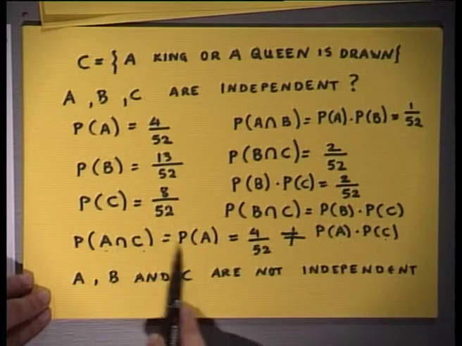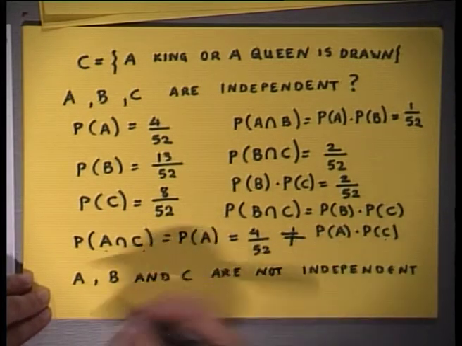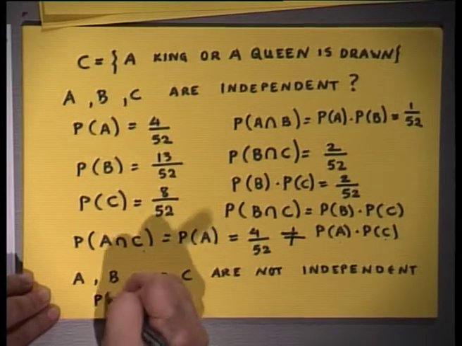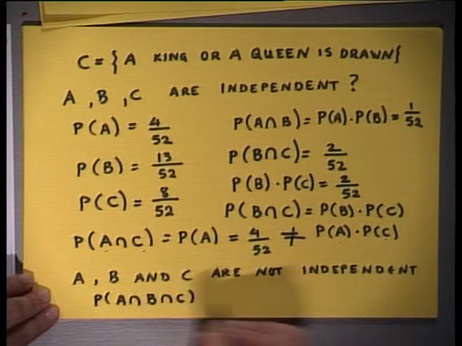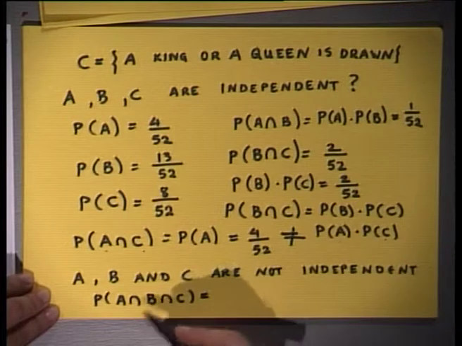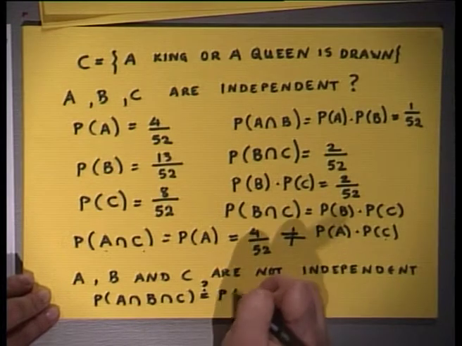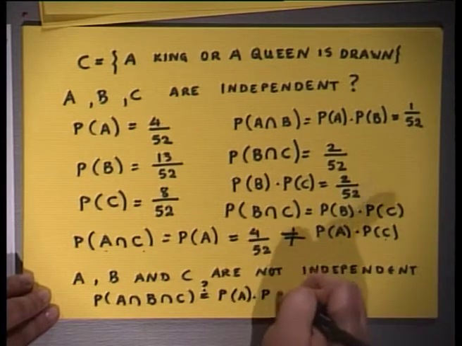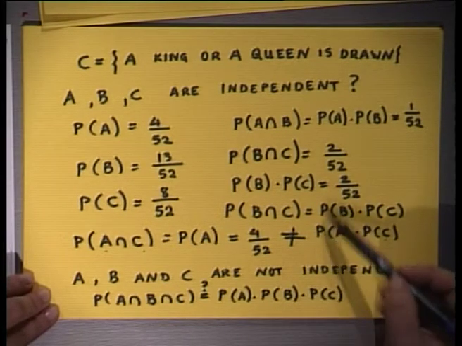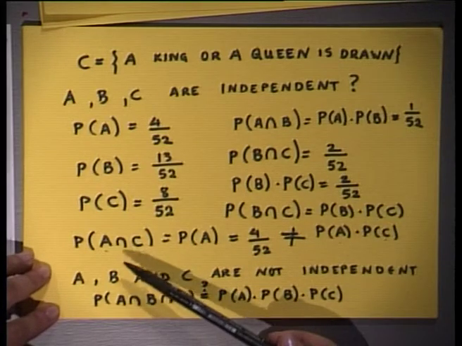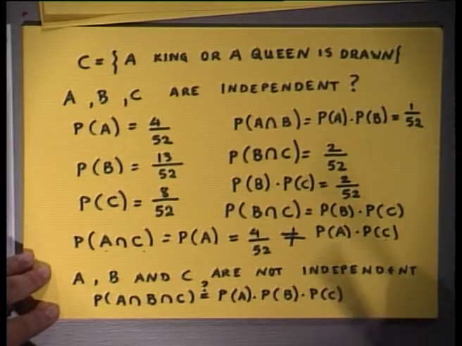If this equation was okay, we should check the intersection as well of A, B, and C, whether the probability of the intersection of events A, B, and C is equal to the probability of A times the probability of B times the probability of C. But in this example, as we found that this does not hold, then we can stop.